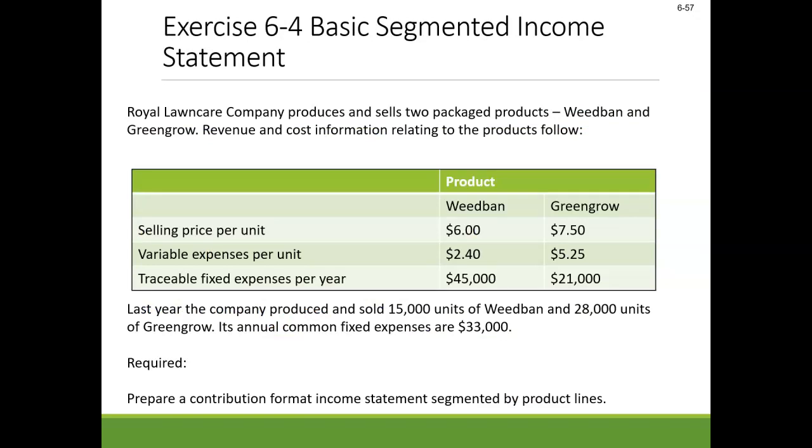Completing contribution formats. And this one, Royal Lawn Care produces and sells 2 packaged products, Weed Ban and Green Grow. Revenue and cost information is shown below. Last year, the company produced and sold 15,000 units of Weed Ban and 28,000 units of Green Grow. Its annual common fixed expenses are 33,000.